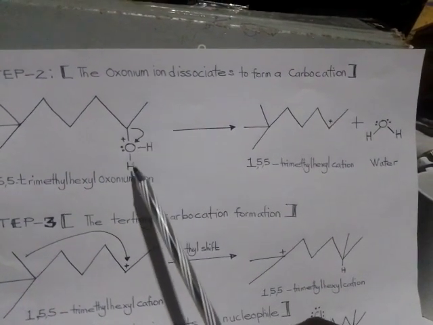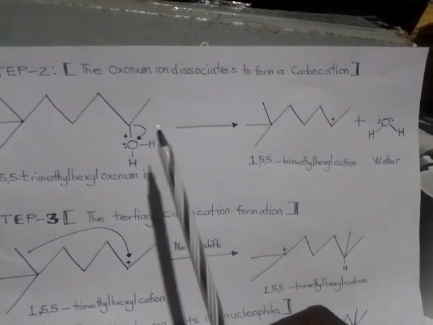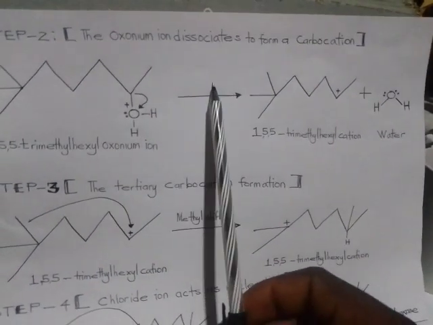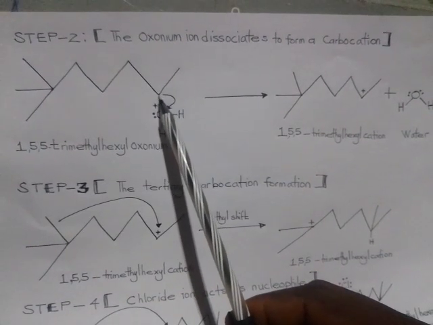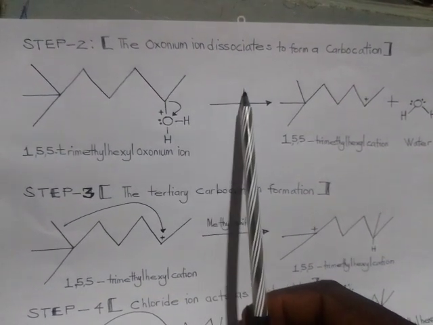The second step is a very slow step, so we can consider this step as the rate-determining step, because this step will result in the formation of a carbocation. Let's see how this happens. If this detaches from this hydrocarbon chain, the carbon right here will now have only 3 bonds.